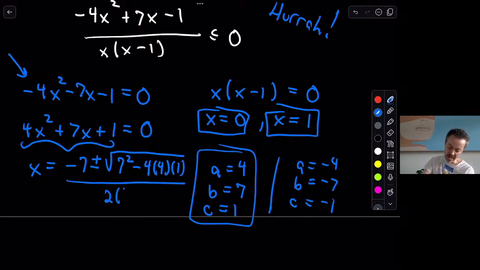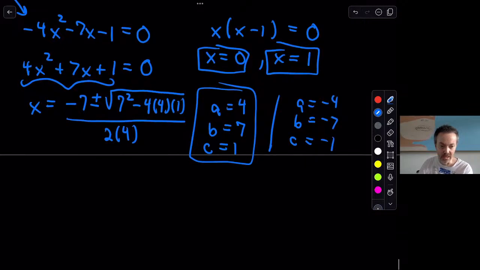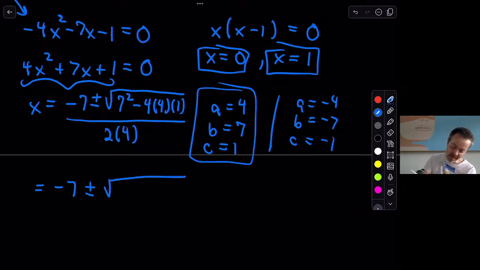Yuck. So this is going to be kind of cruddy. Don't distract me, Ross. I'll start talking about that stuff. I've got to stay focused. So this is negative 7 plus or minus, so what is that? 49 minus 16. That looks like that would be the square root of 33 all over 8.